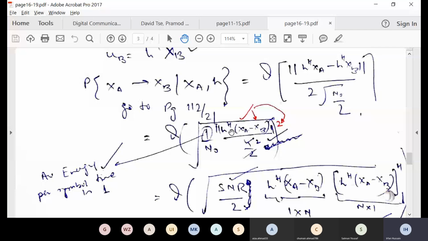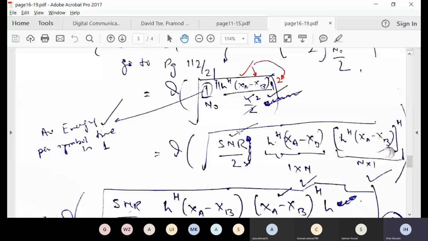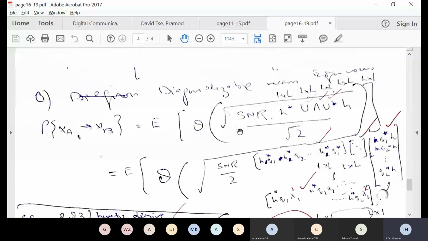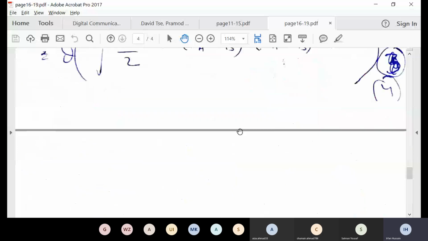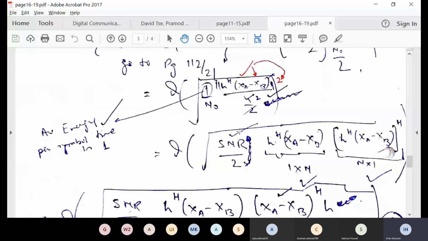Now how can I open my mod? This is mod square. So you can see that H, we know, is n cross 1, but because of the conjugate transpose this is actually equal to 1 cross n.